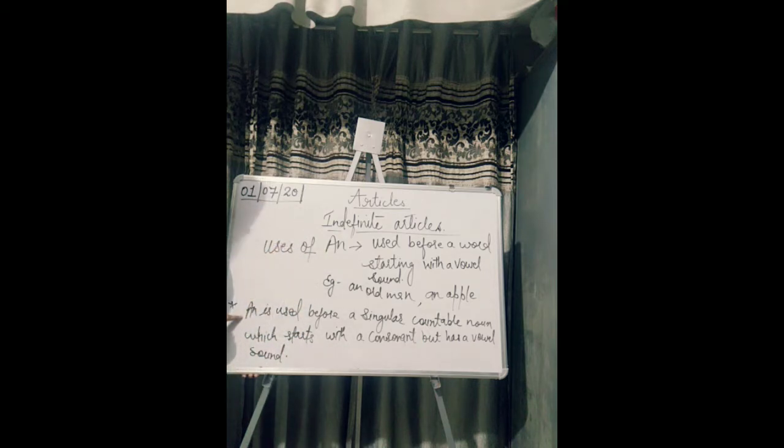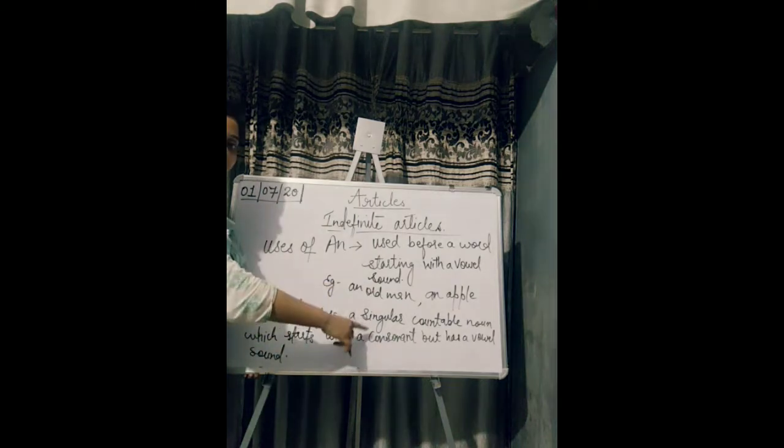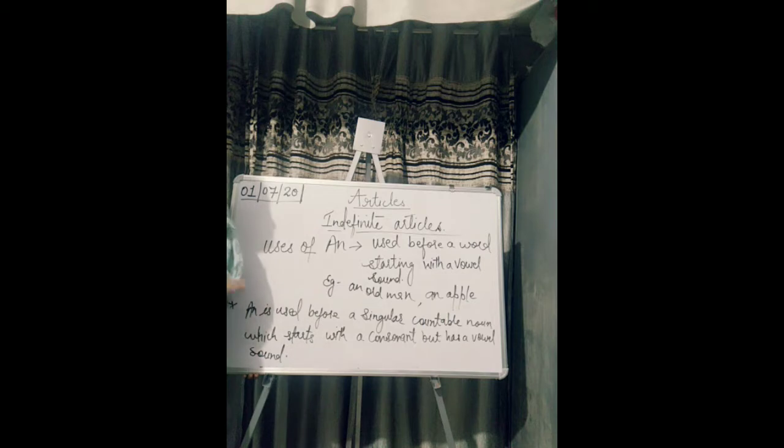So what was there? We use a before a singular countable noun which starts with a vowel but has a consonant sound. Here it is the vice versa, that it starts with a consonant but has a vowel sound. That's why I'm repeating again and again that it is the sound that matters and not the spelling.